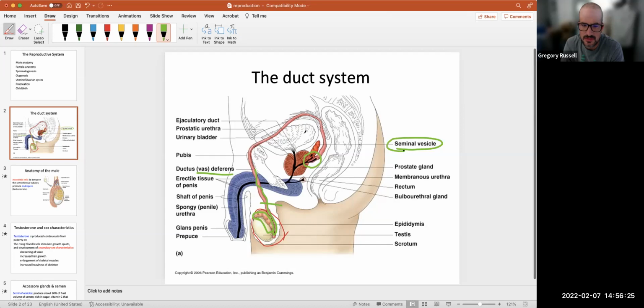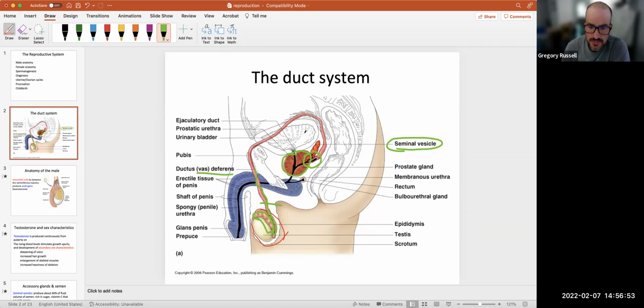And then there's the prostate gland right here. These two structures provide secretions that account for almost all of semen production. The seminal vesicles and the prostate gland each contribute about half of the volume of semen, with the seminal vesicles being a little bit more. We'll talk about that in just a little bit as well.